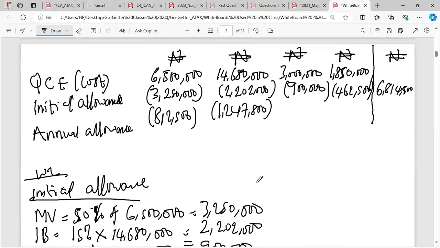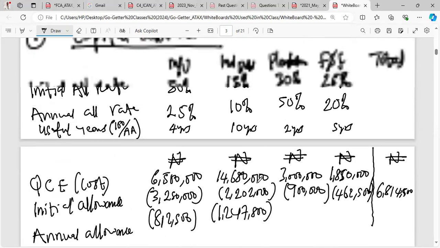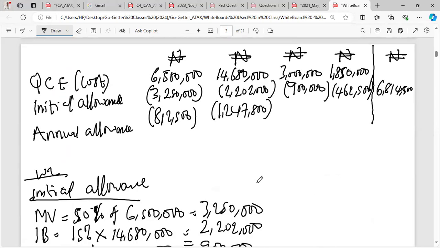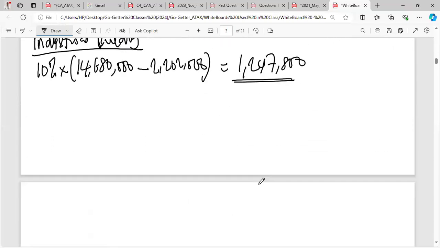All right, so we have now the ranching, plantation ranching. Now say ranching and plantation.